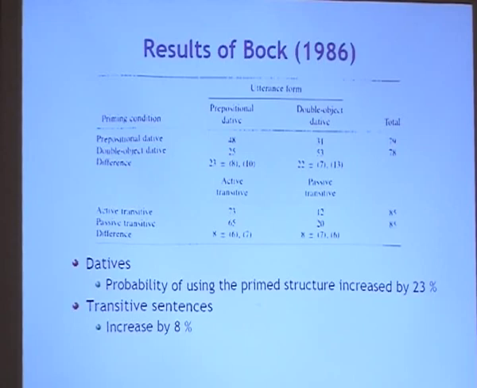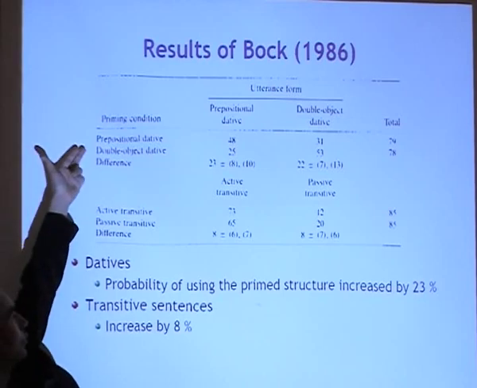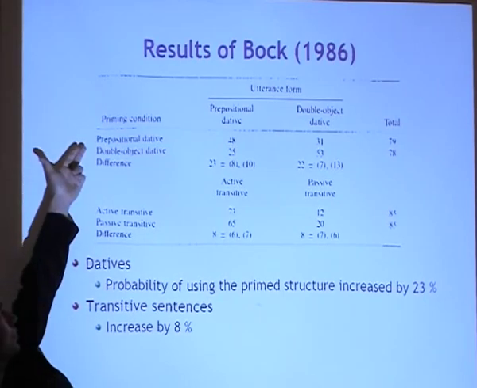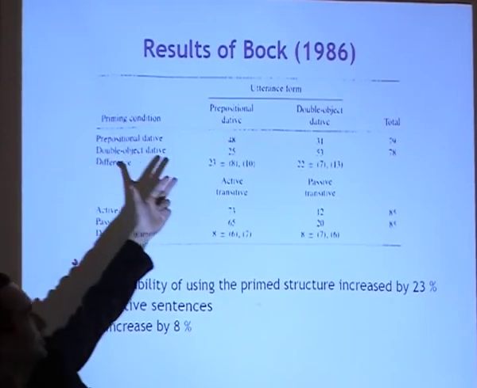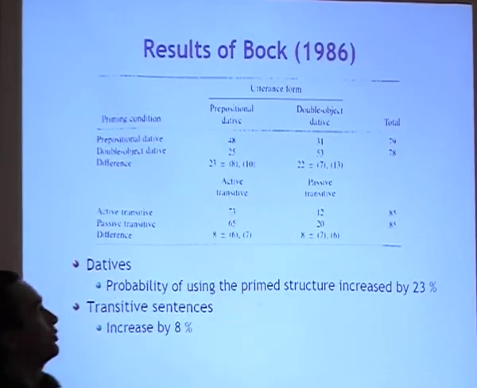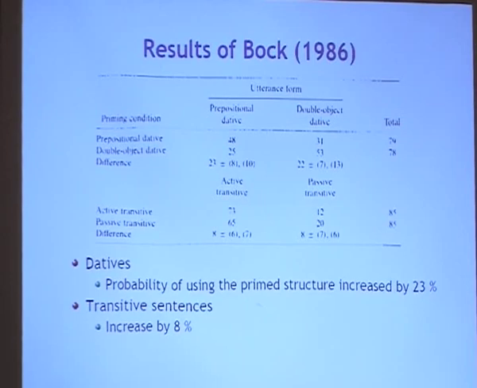This is just a summary of the results to give you an idea of what kind of data these experiments provide. So rows in this table correspond to different priming conditions. The columns correspond to the different forms of the target sentences, of the picture description.